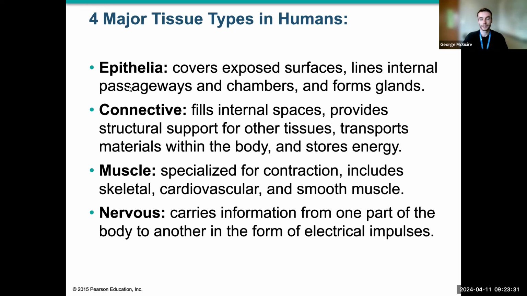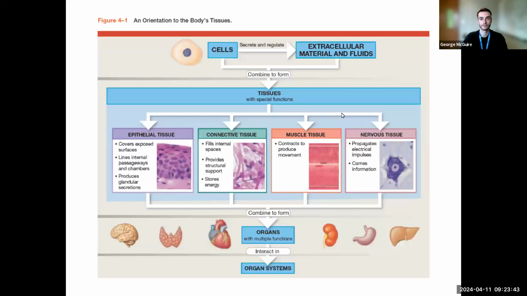And so we'll be mostly spending time today talking about epithelia and connective tissue, and just briefly discussing bone as a connective tissue, because we will also be discussing that in depth in this course later on.